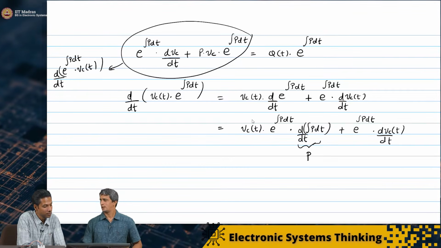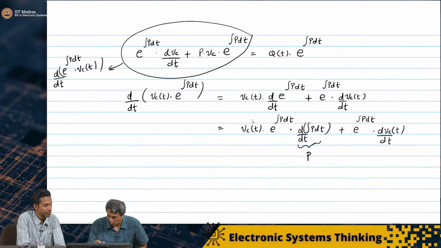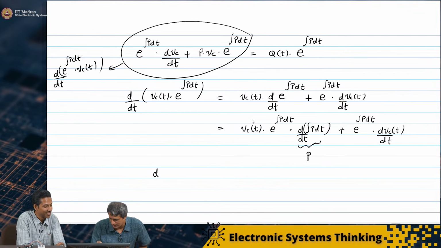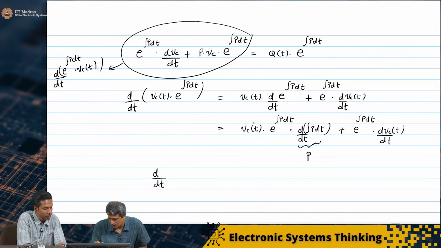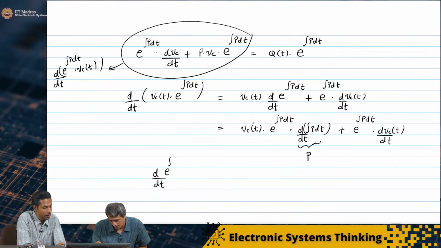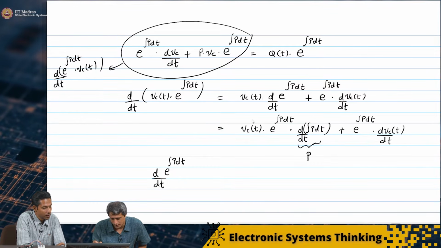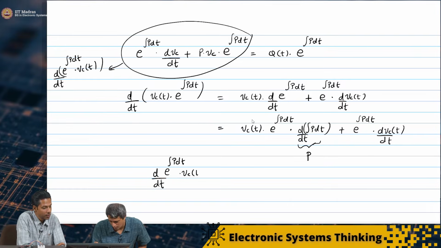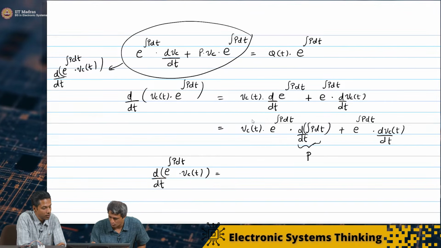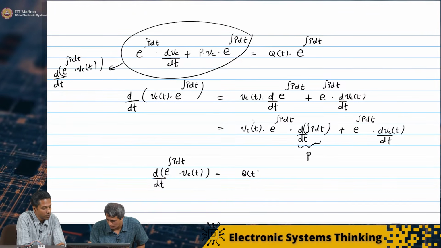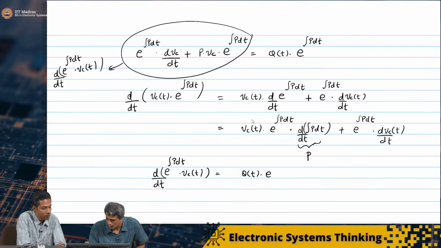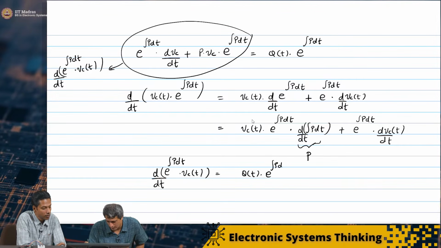Now you will see why I did all this jugglery. I can write it as d by dt of e power integral p dt into vc of t equals q of t into e power integral p dt.